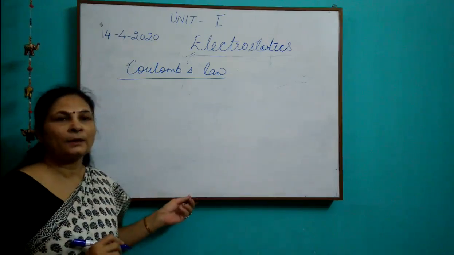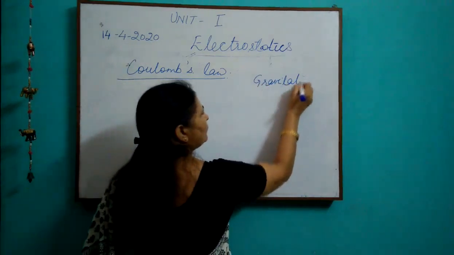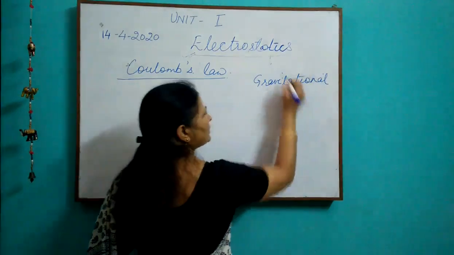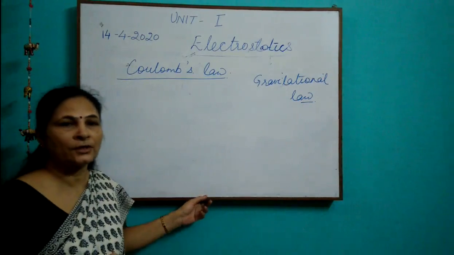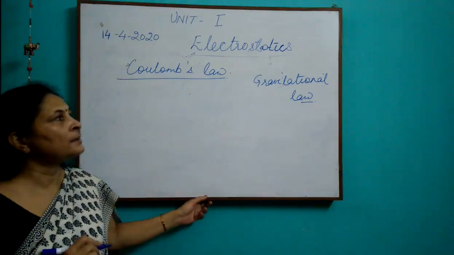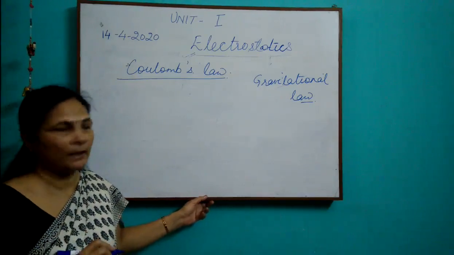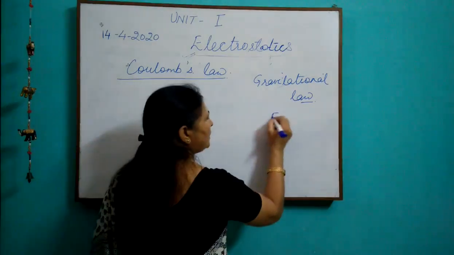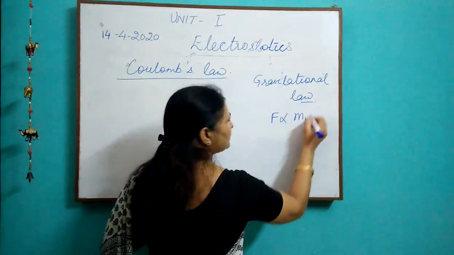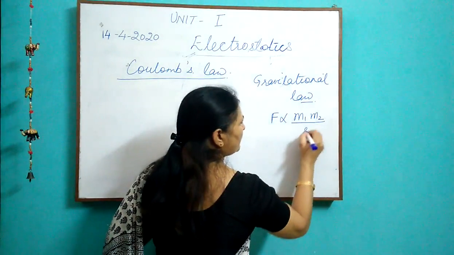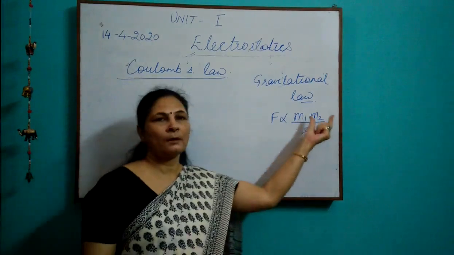You might remember the gravitational law which we talked about in class 9. That is the universal law of gravitation given by Newton. It explained the force between two given masses, and it stated that F is directly proportional to the two masses and inversely proportional to the square of the distance between the two masses.